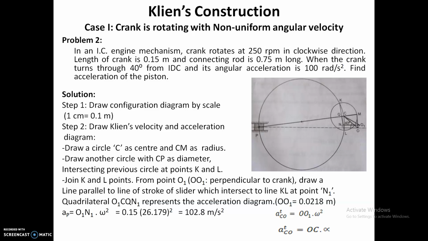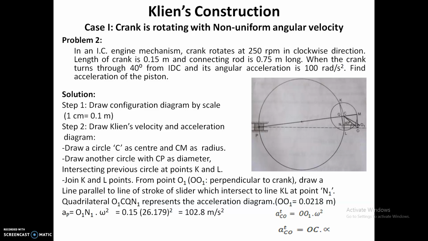Then the second main task is to make the Kliens velocity and acceleration polygon. Again, the method of velocity polygon is the same. You draw the perpendicular line from O, perpendicular to the line of action of the slider.